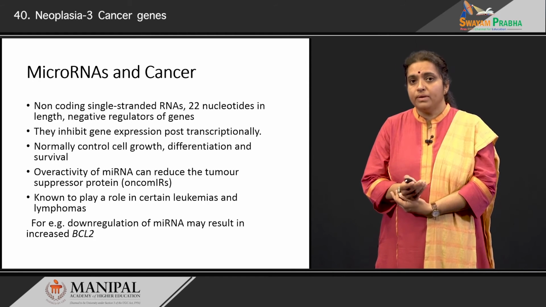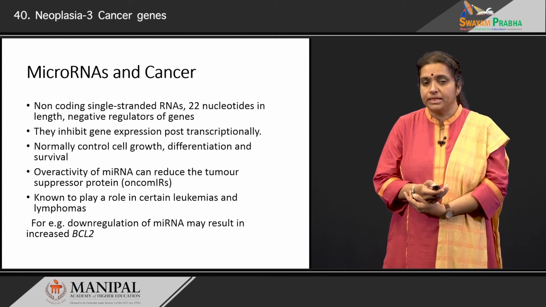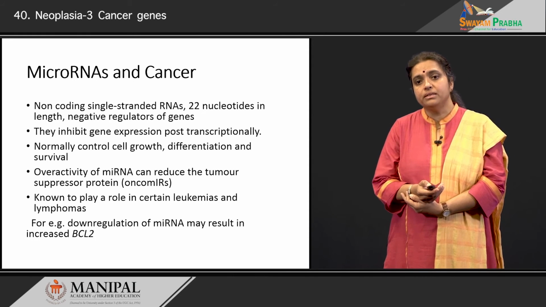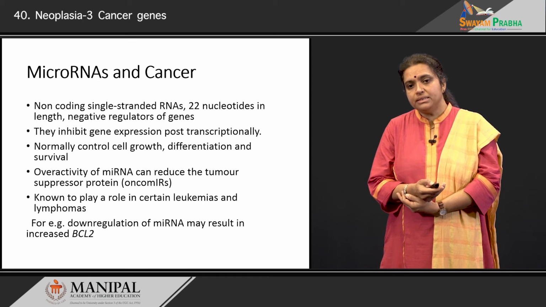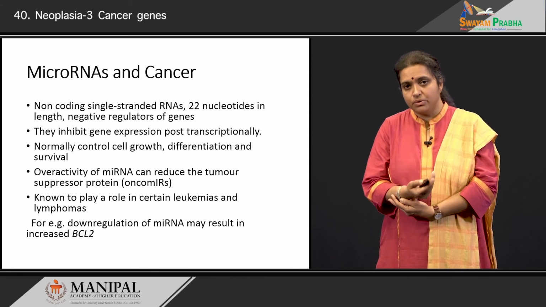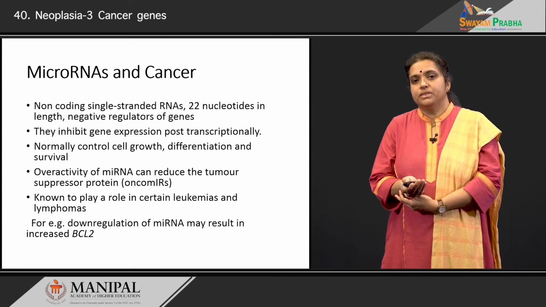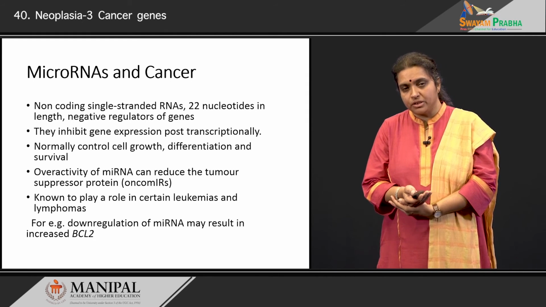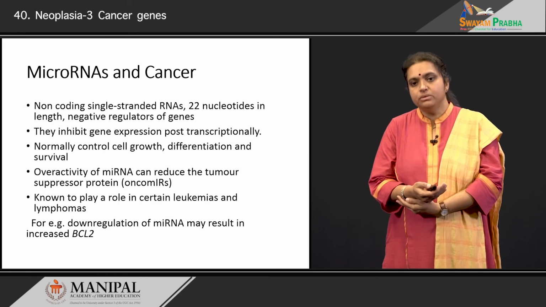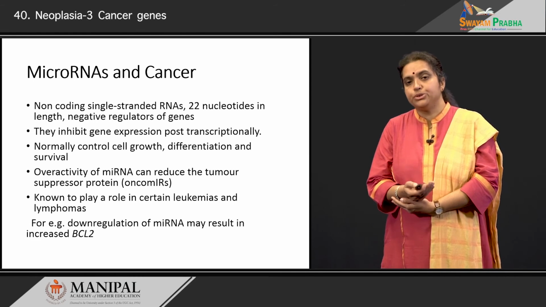Now, overactivity of these negative regulators can reduce the tumor suppressor protein. So, if these microRNAs are overactive, the normal function of the tumor suppressor gene product, the protein, is reduced. So, this can lead to cancer.